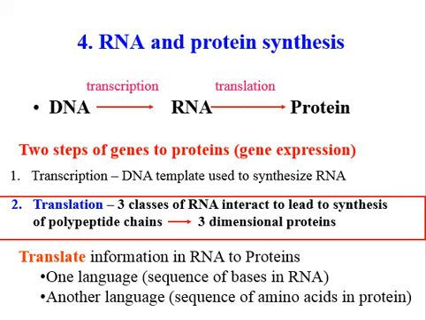But if you map these out yourself, if you make sense to yourself what's happening in transcription and the 3 different types of RNA that are involved in translation and how that works, getting to a chain of amino acids, then you'll have a good understanding of all of this. So that's what we have to look forward to on Friday.